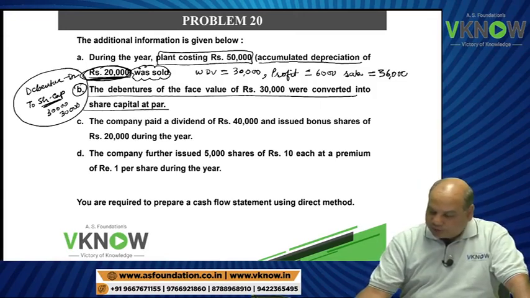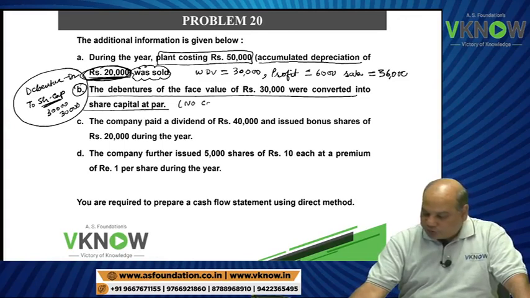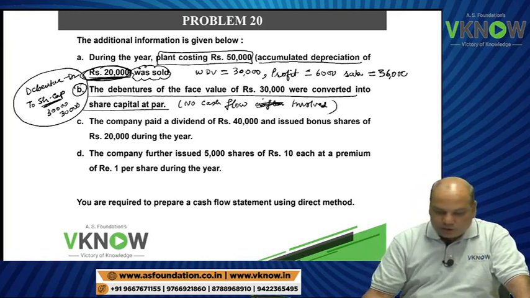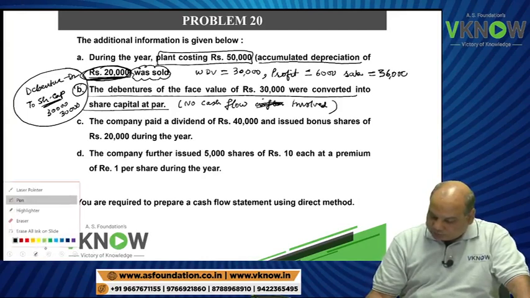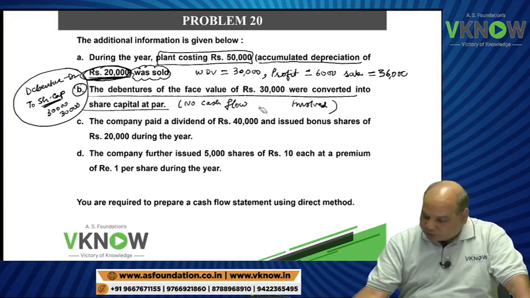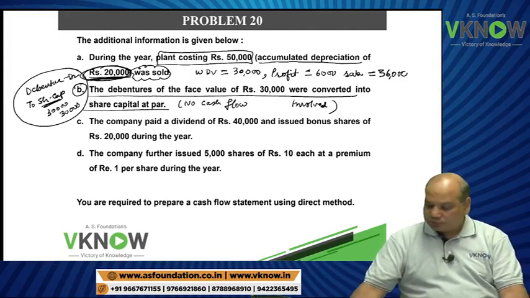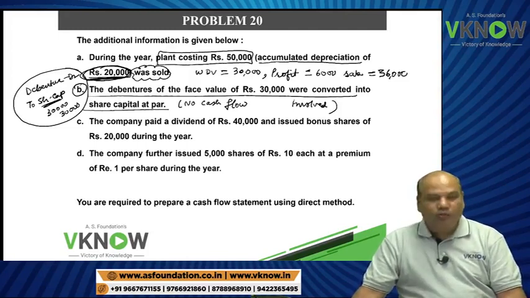But this entry does not have cash, no cash flow involved. If no cash flow is involved, this item will not come in the cash flow statement. Only a note will be written.